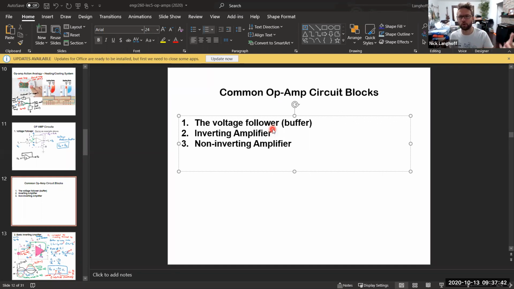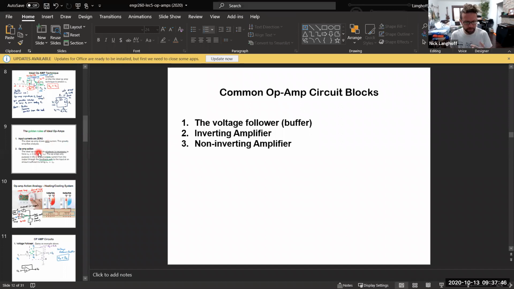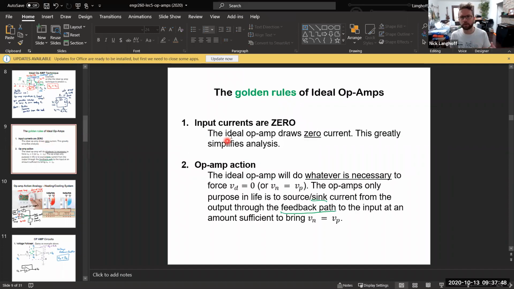We arrived at the golden rules of the op-amp, namely that the inputs don't draw any current, and the second rule is that the op-amp action dictates that the op-amp will do whatever it has to make the two input voltages, Vn and Vp, identical to one another.